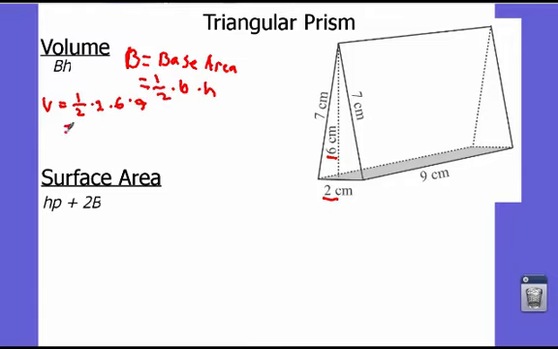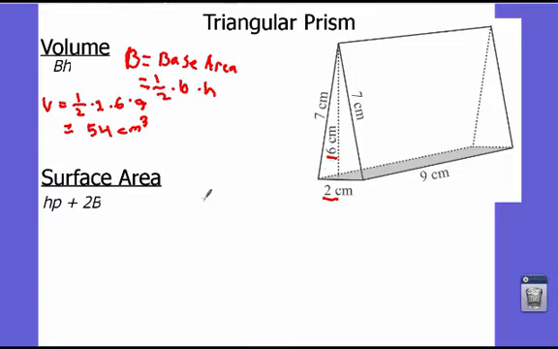Well, 1/2 times 2 is 1, times 6 is 6, times 9 is 54. Our units are centimeters again, and it's centimeters cubed. So that's how we find the volume of a triangular prism. Take the area of the base, 1/2 times the base of the triangle times the height of the triangle, and multiply that by the height of the prism.